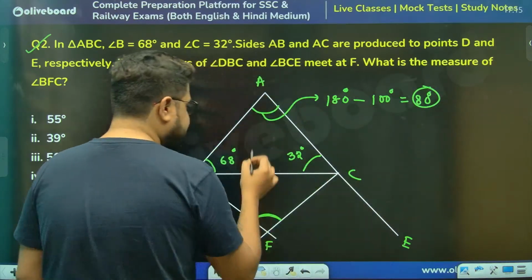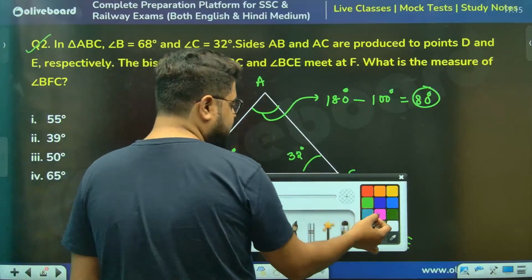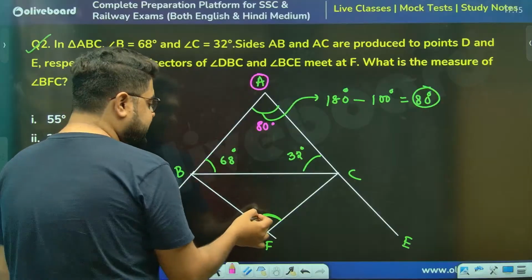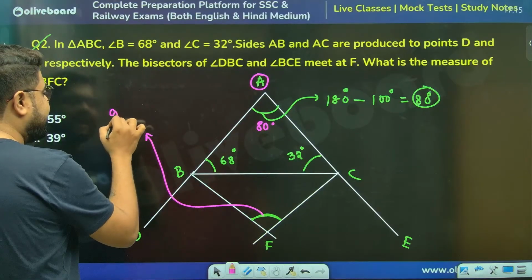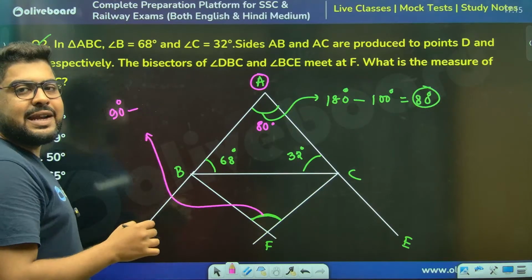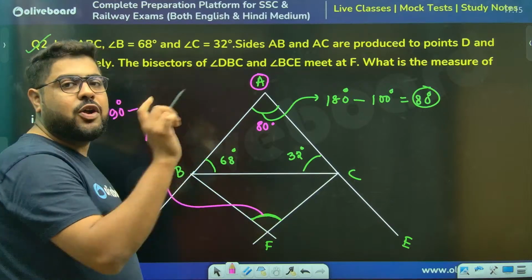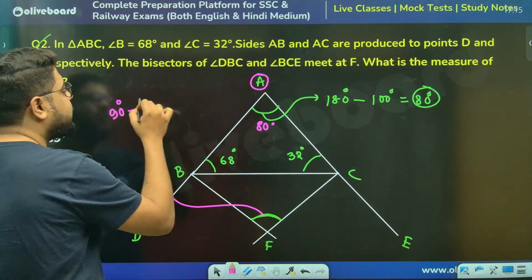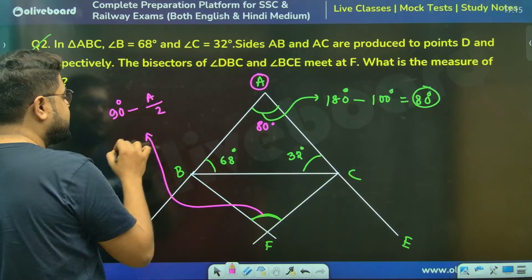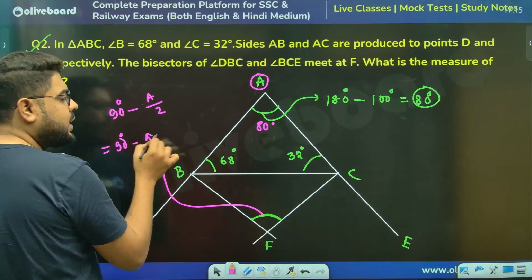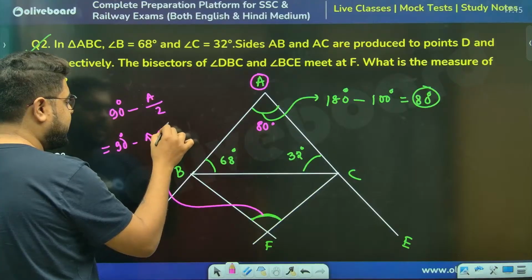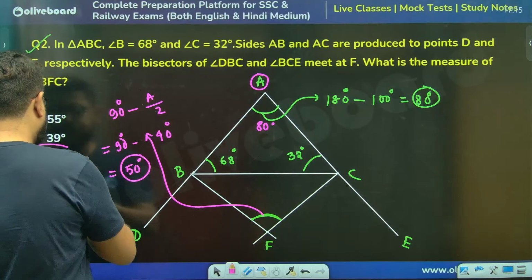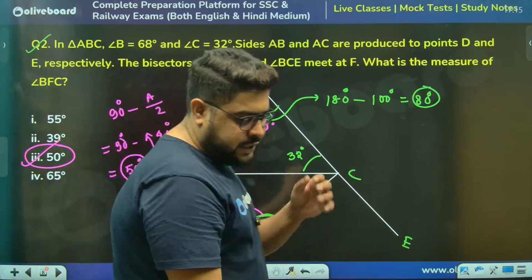Now, if it is outside, always remember, it is minus half of angle A. So 90 minus 80 by 2, which is 40. 90 minus 40 will be 50 degree. Option number 3.